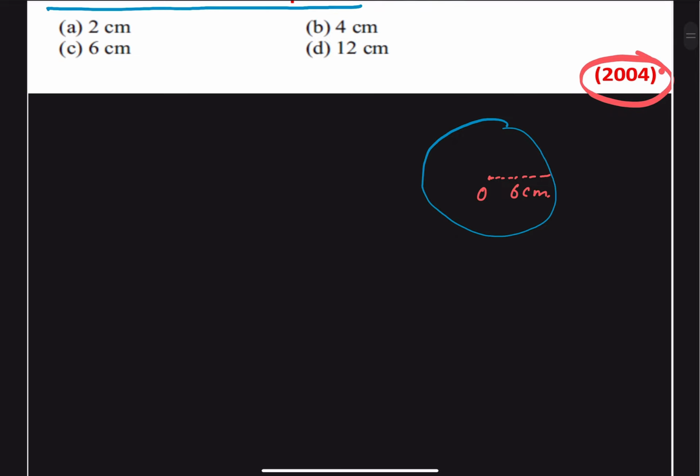So we can say that for air the refractive index will be 1, and for the glass, that is N2, it will be 1.5.